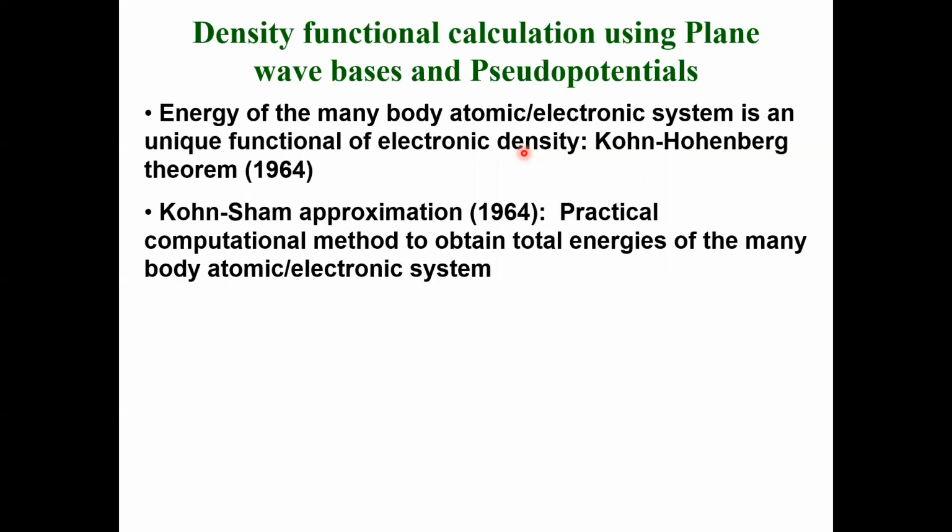So even though that was stated as a theorem, how do you get the electronic density? Electronic density itself is a function of the nuclear potential and so on. So the practical method was not illustrated. To implement this theorem, there is a practical approximation called the Kohn-Sham approximation. The electronic density is represented using Kohn-Sham orbitals.